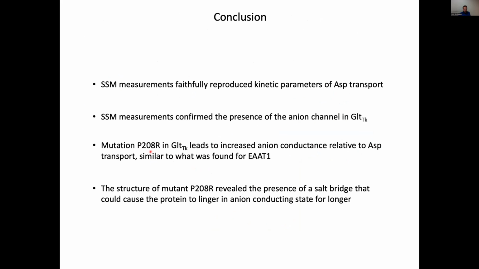The mutation in EAAT1 that leads to diseases also in GltTk leads to increased anion conductance relative to the aspartate transport. And well, we still don't know whether there's also an absolute increase, but at least relatively it increases. And from the structure that we determined, we have at least a hypothesis of how the mutation might affect the transport and ion conductance activity.